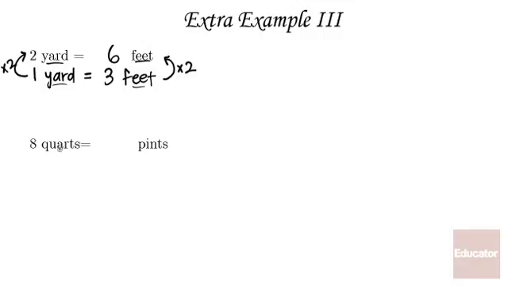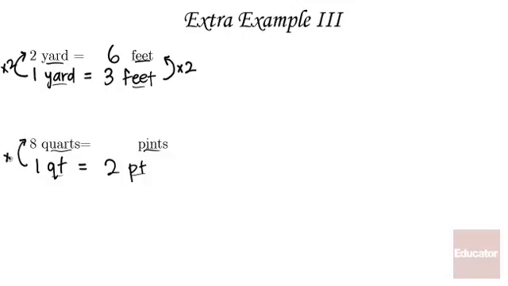So now, 8 quarts to how many pints? 1 quart is equal to 2 pints. So again, I have quarts to quarts and pints to pints. So how do I go from 1 to 8?